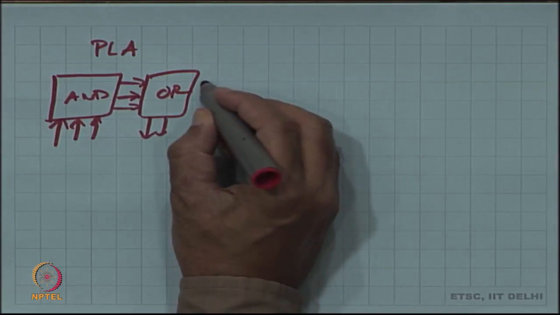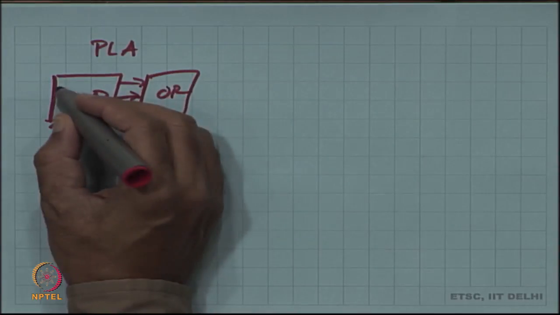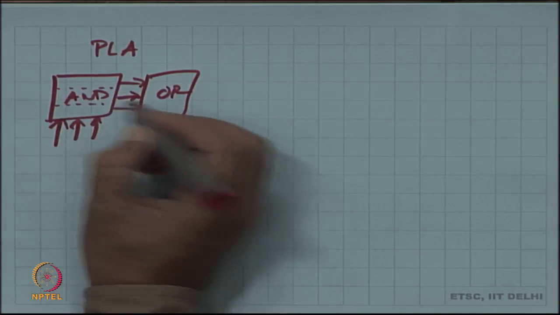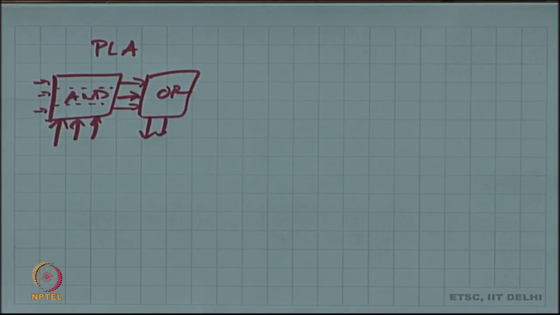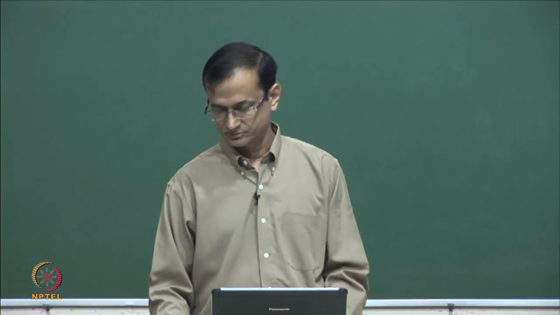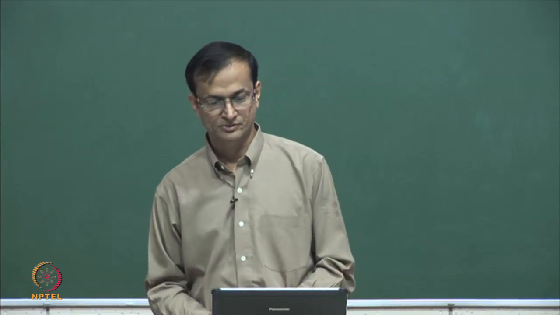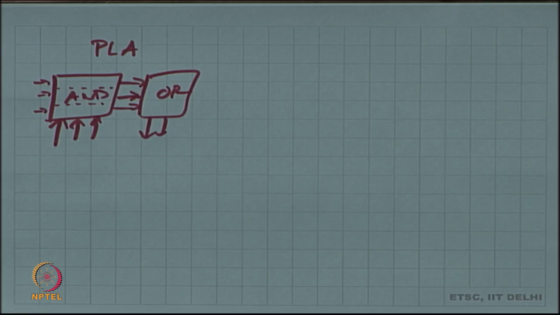The optimization objective was to reduce the number of rows I had in the PLA, with the implication that now each row counts as some additional area overhead. Remember, the number of connections do not count towards area, right. That is just the way we have designed the fabric itself. What about delay?